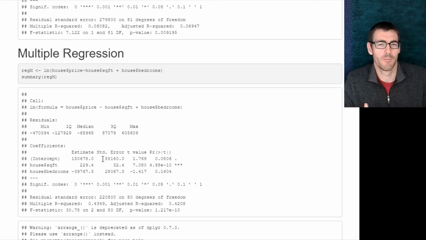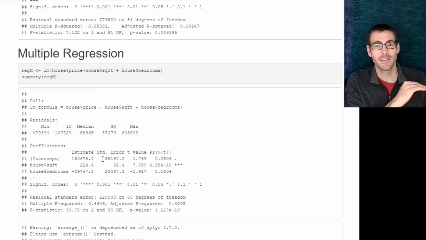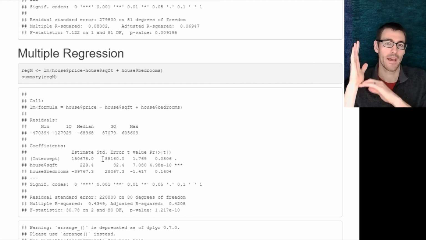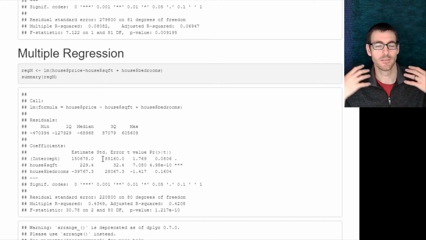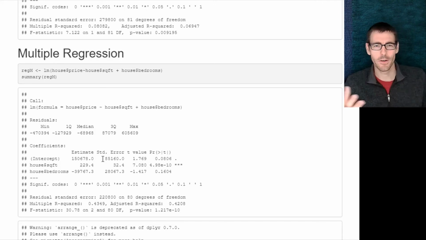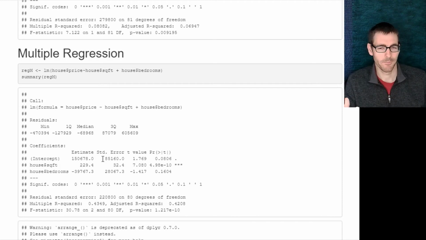One problem with multiple regression is that it becomes really difficult to see. With our single regression, we can make a plot where the x-axis is our explanatory variable, the y-axis is our response variable, and we can draw a line, we have our scatter plot, and we can go from there. For the multiple regression, especially when we get up to more than 2 explanatory variables, all of a sudden we're talking about a 4 or 5 or 6 dimensional picture, which doesn't really make any sense.